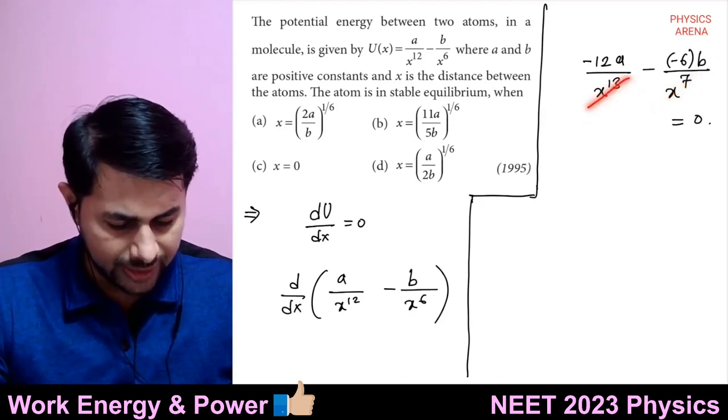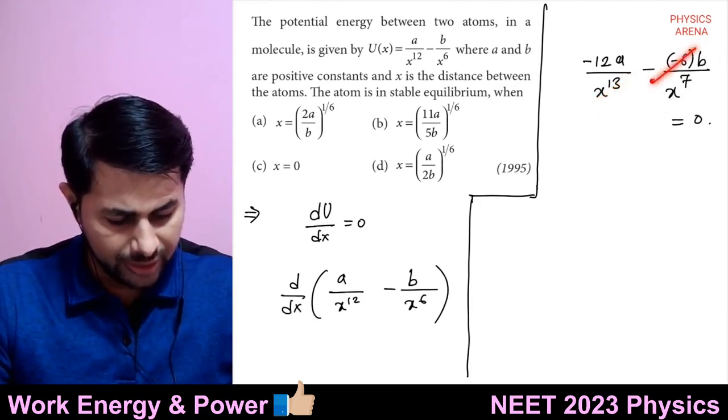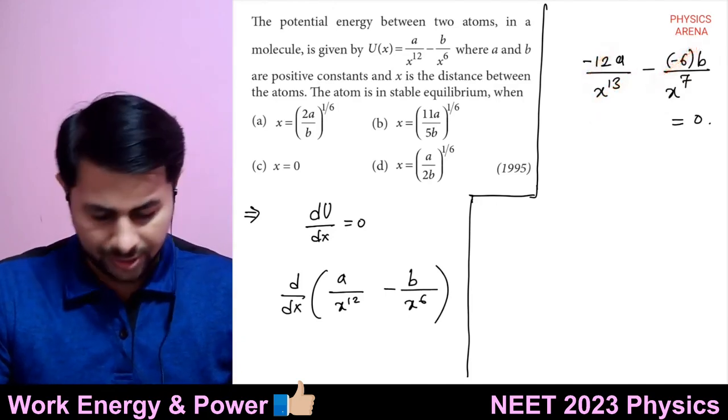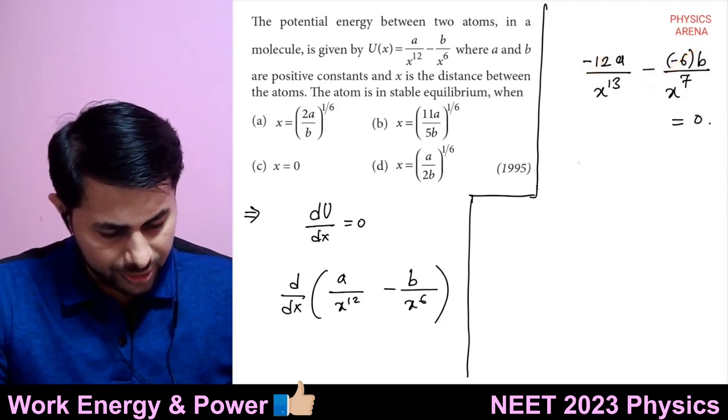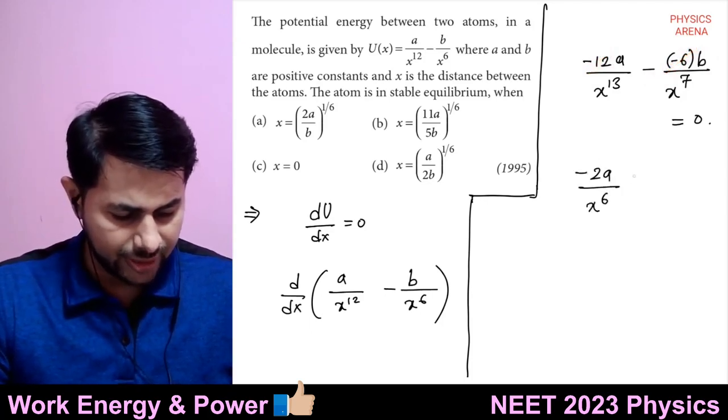What will this then be? It will be x raised to 6, right? And then you can divide these two by 6 also. So this becomes minus 2a upon x raised to 6.